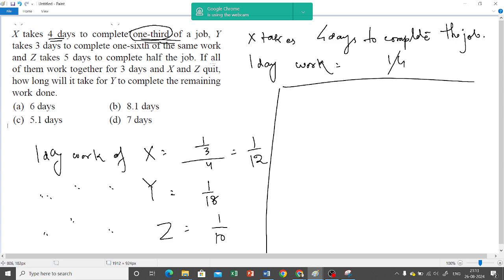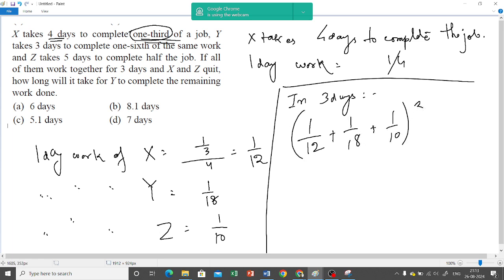Now it is given that if all of them work together for 3 days, how much amount of work will be done? 1/12 plus 1/18 plus 1/10, into 3, right? If I do the LCM, 18 is the biggest value, so I'll take 18, which is 3 into 3 into 2.